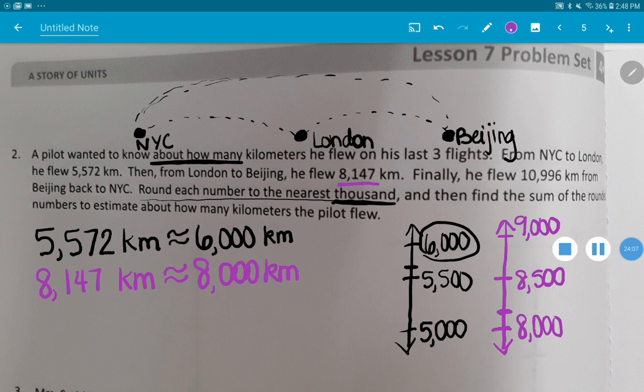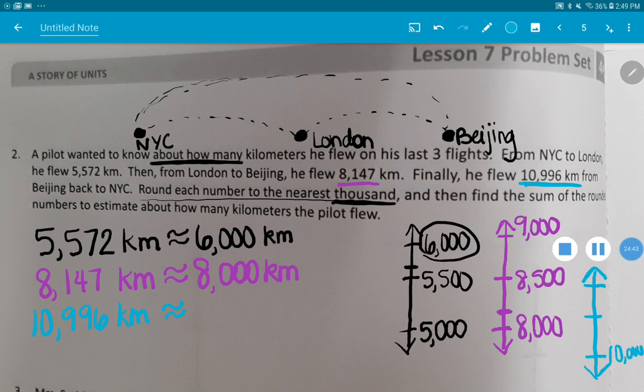All right, and then his third flight went 10,996 kilometers from Beijing back to New York City. So this time I'm rounding 10,996 kilometers to the nearest 1,000. How many thousands are there in 10,996? 10,000.